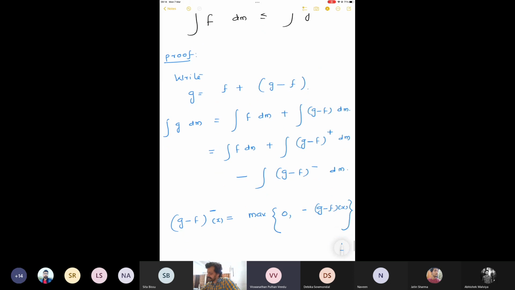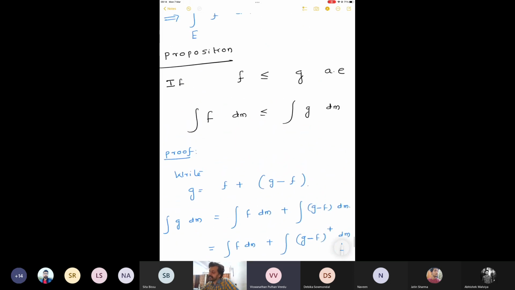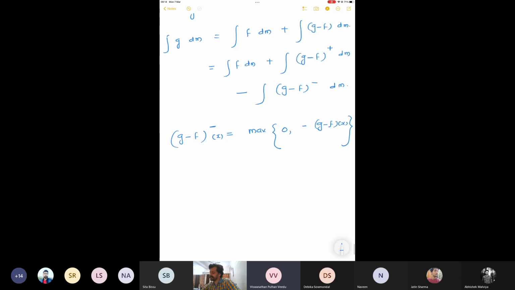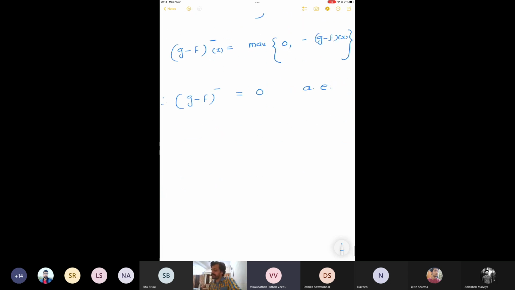Now you know that g is greater than or equal to f almost everywhere, so this maximum will be 0 almost everywhere. Therefore, (g minus f) minus is equal to 0 almost everywhere. Do you agree? Yes, sir. Once a non-negative function is 0 almost everywhere, its integral will be 0. Therefore, the integral of (g minus f) minus dm is equal to 0.